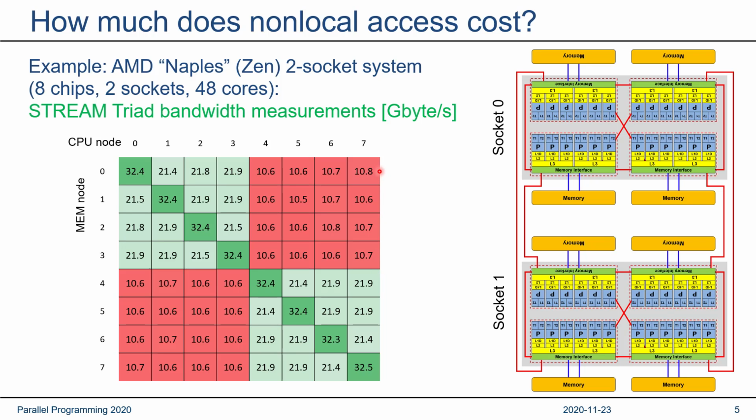So if you do that, our memory bandwidth drops down to 10 to 11 gigabytes per second, so to about 1/3 of the local value. So this is the cost on this system. This is what you lose if you, by some accident or on purpose, force non-local memory access. As a general rule, the more locality domains you have in a system, the higher the penalty for non-local access.